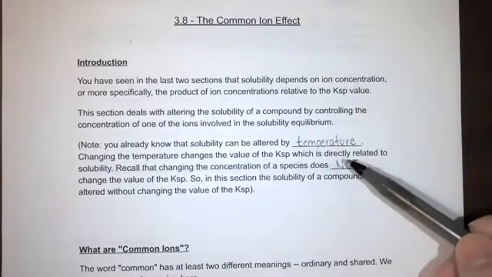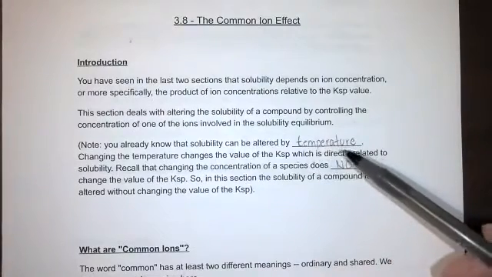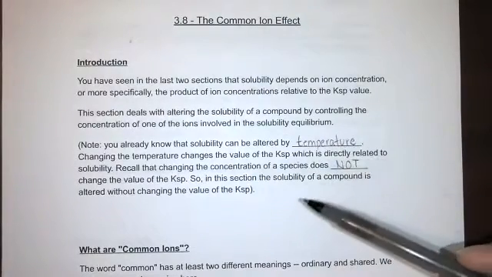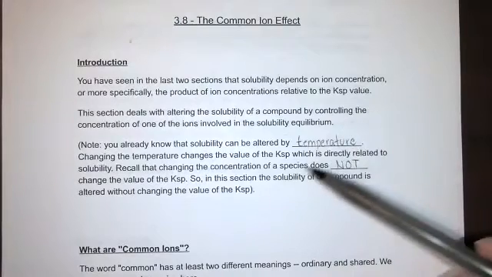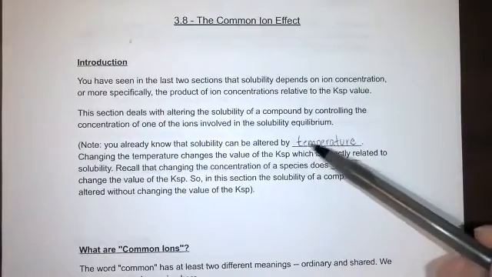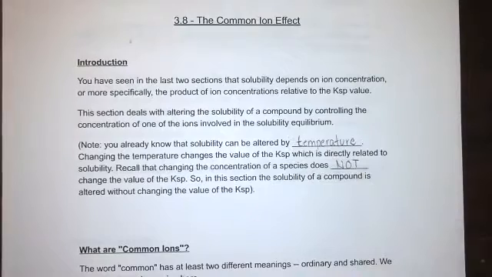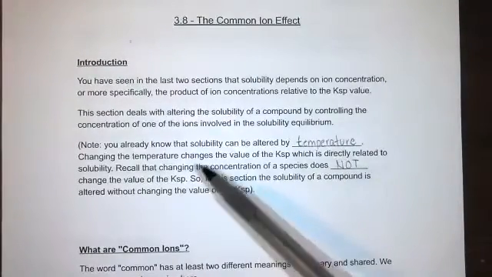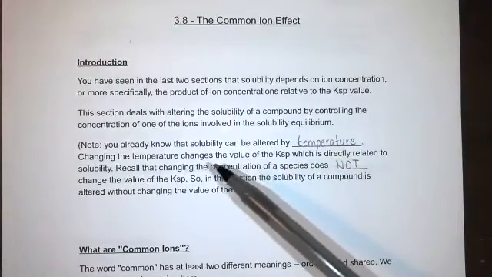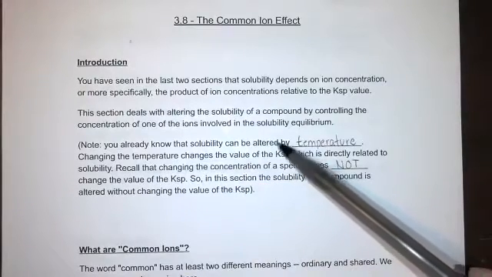So we talked about before how our solubility can be altered by changing our temperature. For example, for most products, the higher the temperature, the more we can dissociate our ions into solution. So changing the temperature, if it changes our product concentration, will then change our value of our KSP.